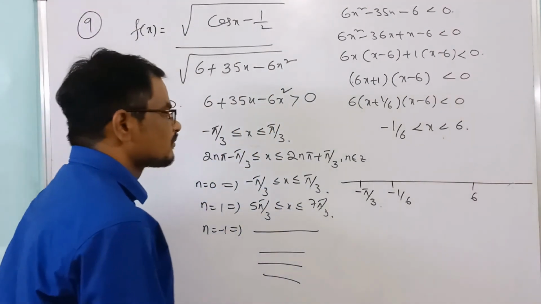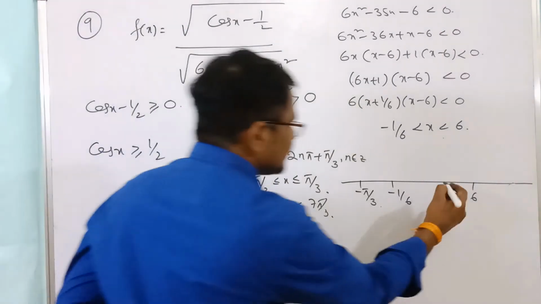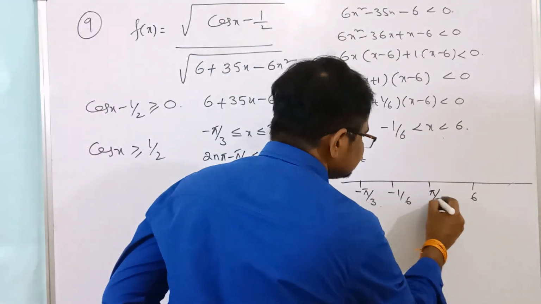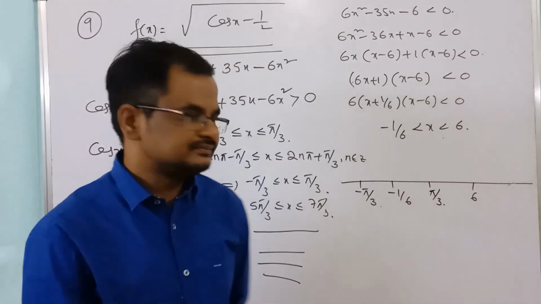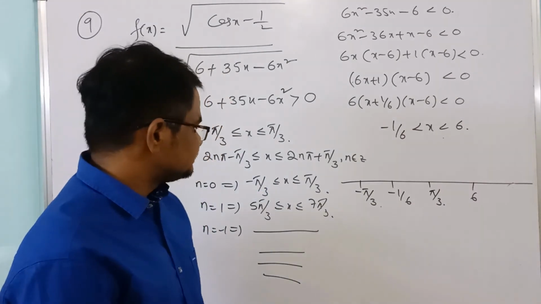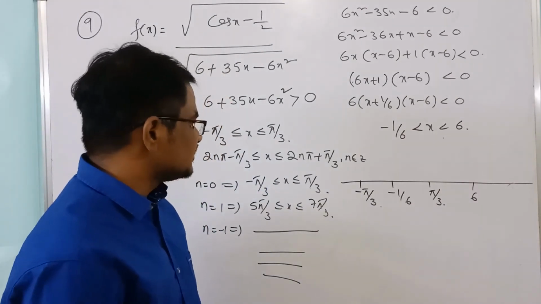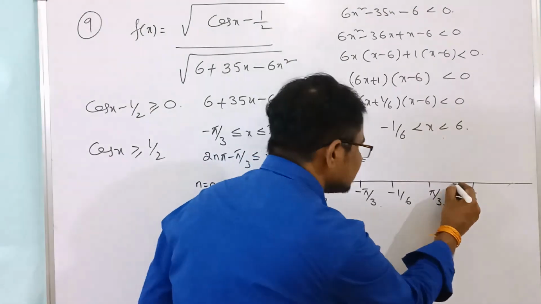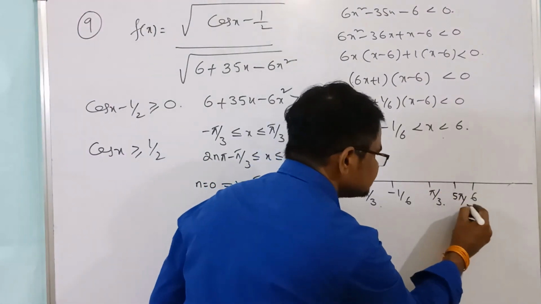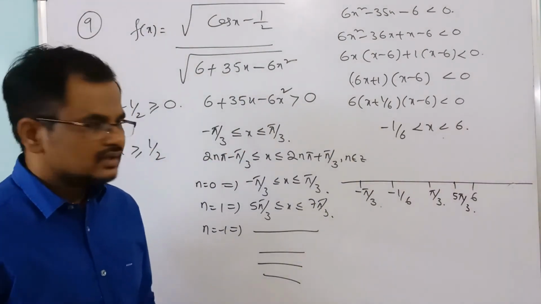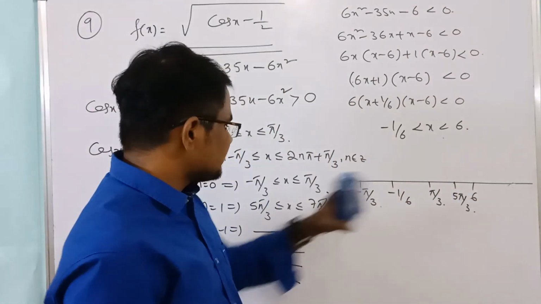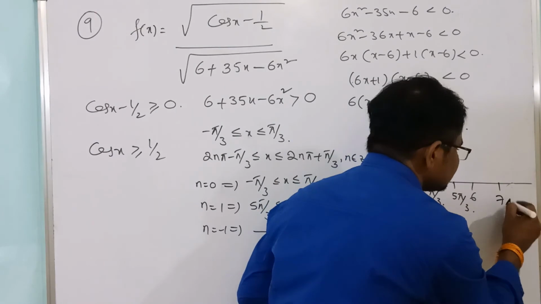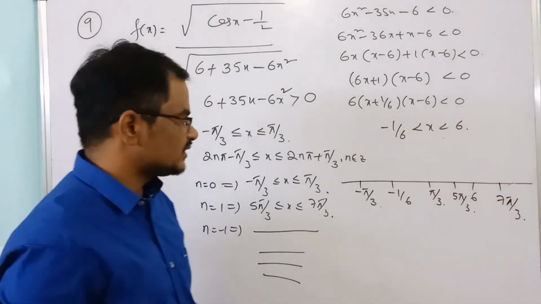Next, here pi by 3 I will take, that is 3.14 by 3, about 1 point. Next 5 pi by 3, anywhere here you will get, correct? So 5 into 3.14 by 3, right here only. 7 pi by 3 means after this one, 7 pi by 3. Okay, no?